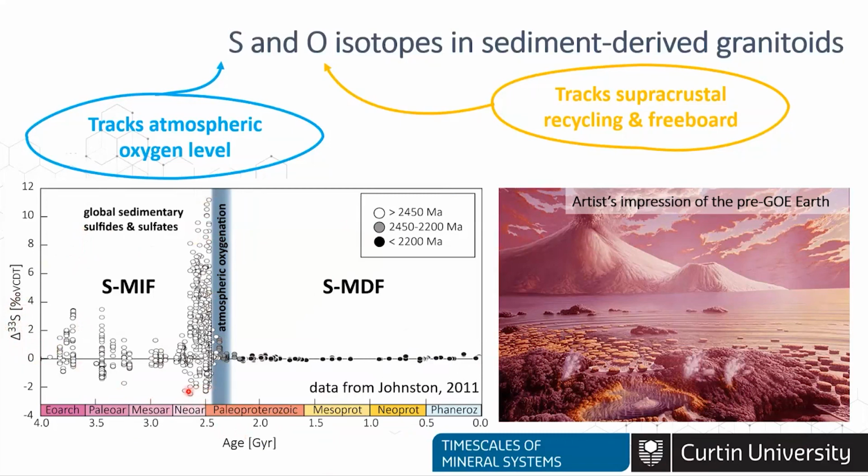And as you can see, before the great oxygenation event, we get these large non-zero Cap delta 33S values, which indicates mass-independent fractionation of sulfur isotopes. And you can only generate these signatures in an anoxic atmosphere. After the great oxygenation event, we get Cap delta 33S values close to zero, which indicates mass-dependent fractionation in an oxic atmosphere.